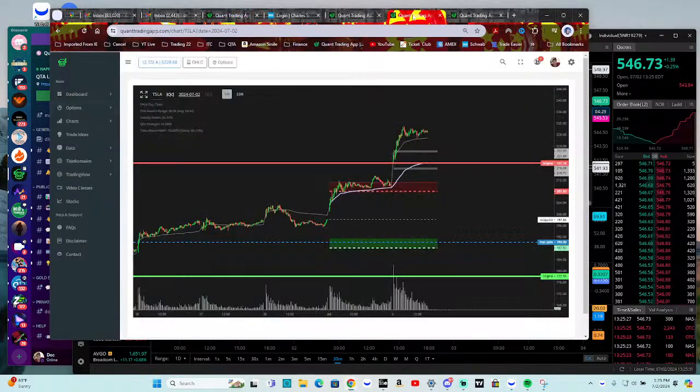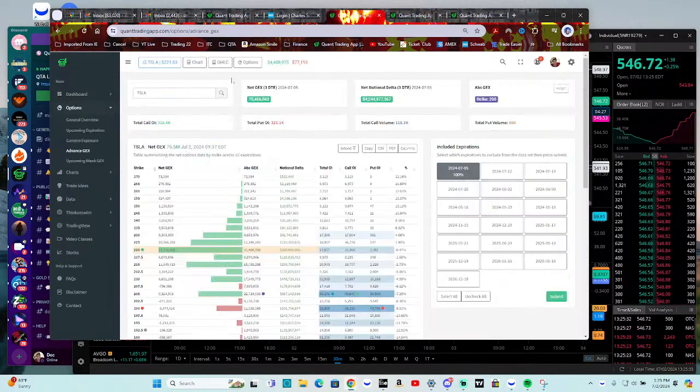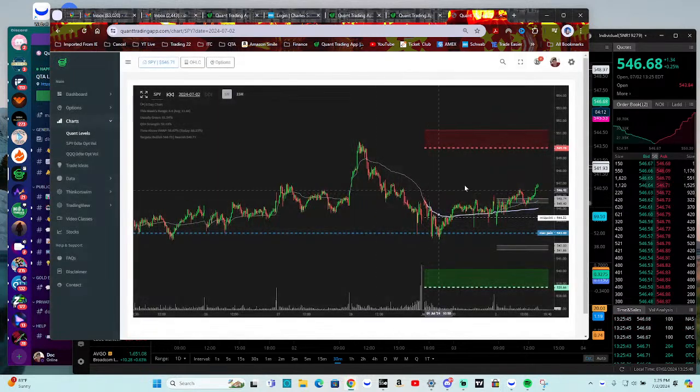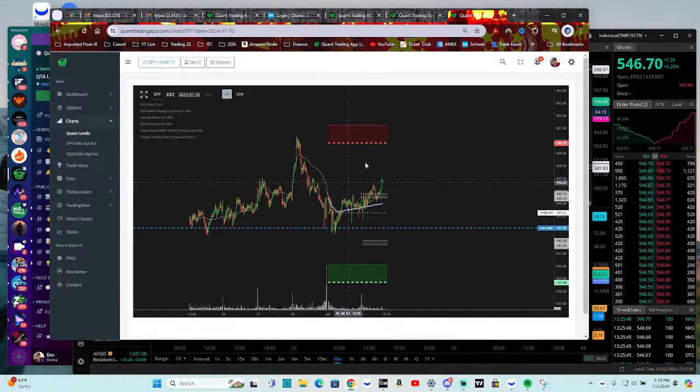Now, if we want to pull up the Quant chart of SPY, these are values for this week. We were looking at Tuesday next week.